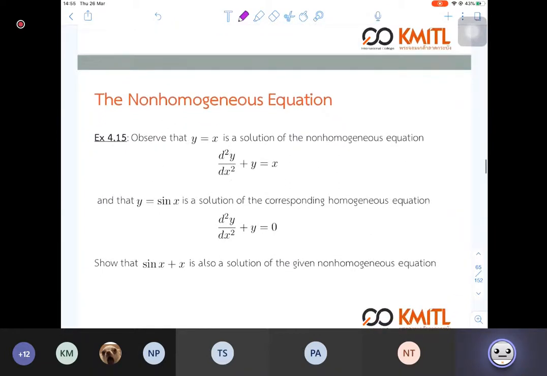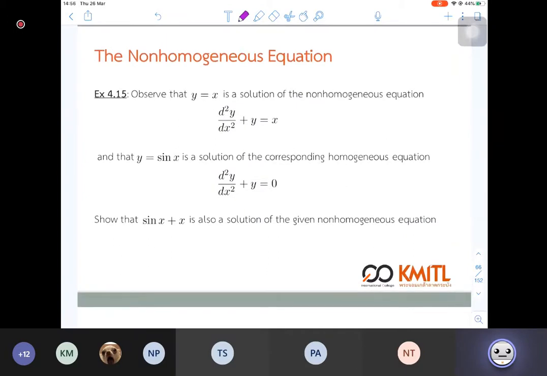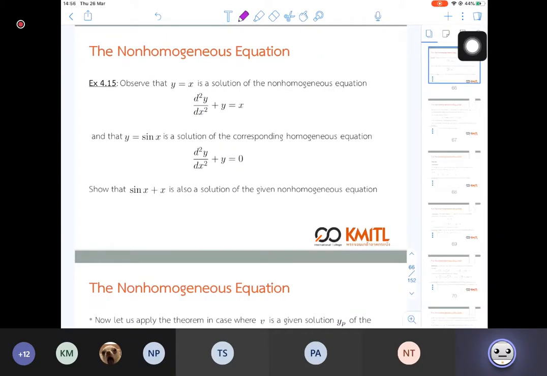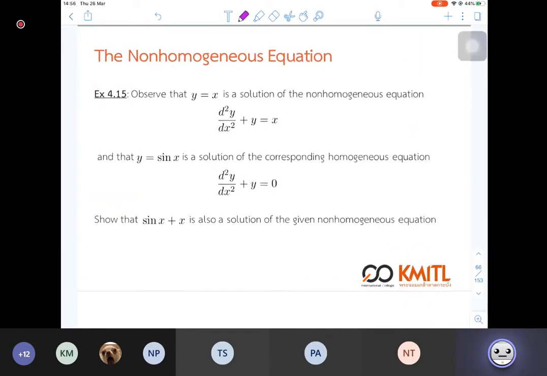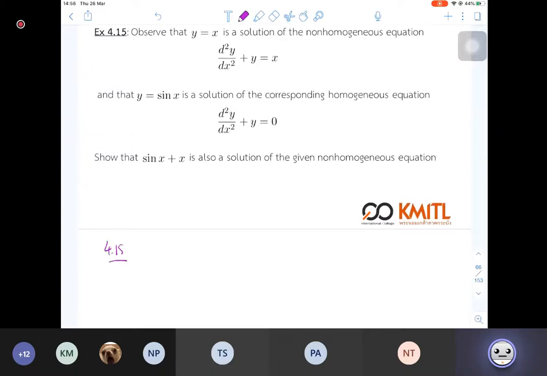All right, let's do this example so you see what they mean. Okay, so 4.15, you have y equal to x is a solution.